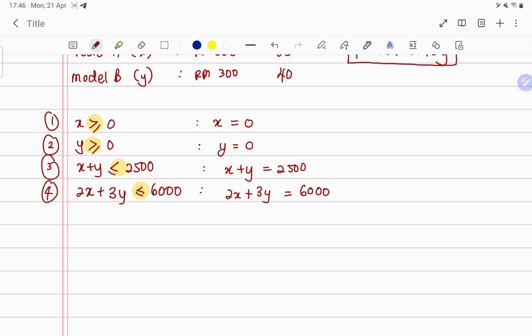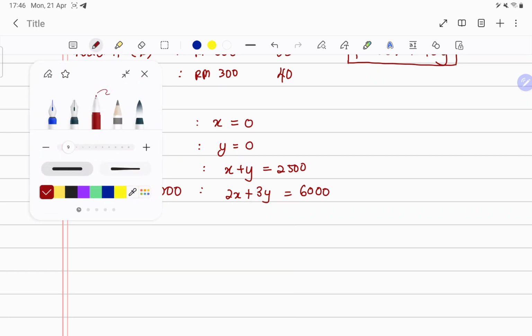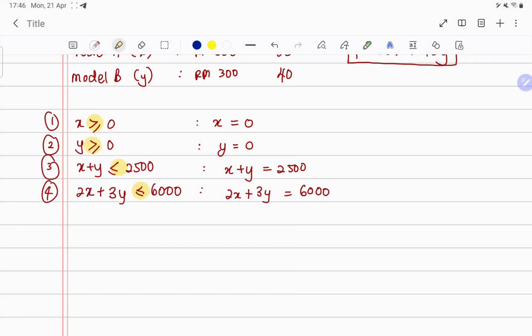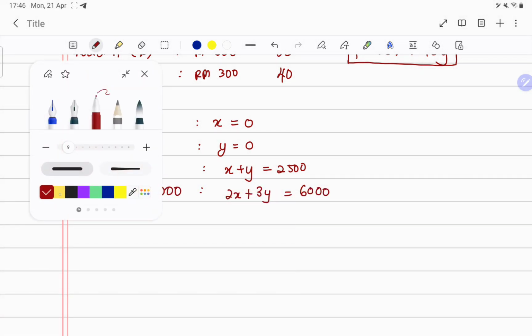Okay, first, for x equal to 0, how to draw? This is first equation, right? Then I will use yellow for first equation, x is equal to 0.